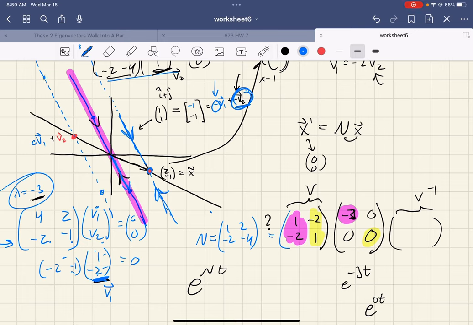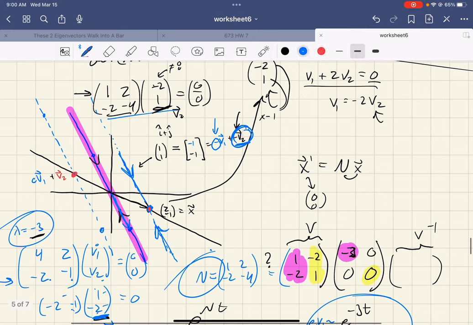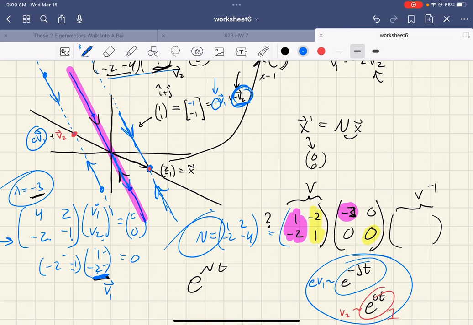It doesn't matter because once this matrix starts acting and moving things around, it's going to behave like this, and that multiple of v1 gets influenced by this thing, whereas that v2 is influenced by this, but this is just the number 1. This is not changing it. So stuff up here gets pulled down, and stuff down here gets pulled up, and it's pulled towards that red dot. The v1 contribution is going to 0 because this is killing it, whereas the v2 contribution is remaining unchanged. That's what this is saying.